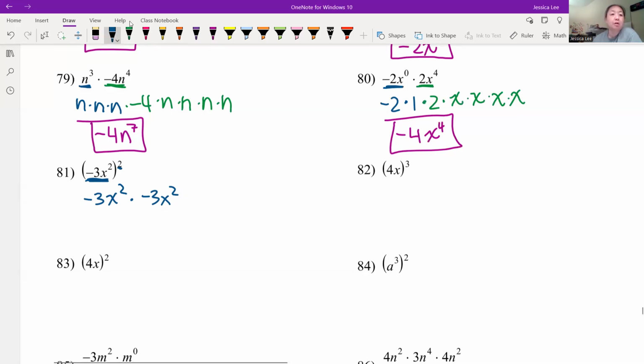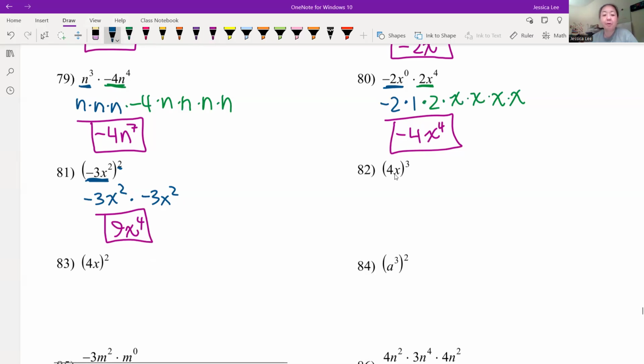But if you want to expand it, we can expand it. If you're like, I get it, Miss Lee, we can just write that. So -3 times -3 is going to be +9. You write that with this one. And if we were to expand this, how many x's would we have? 2. How many x's would we have here? 2. So together we have 4. We have fingers for a reason, people. So x to the 4th. So there we go.